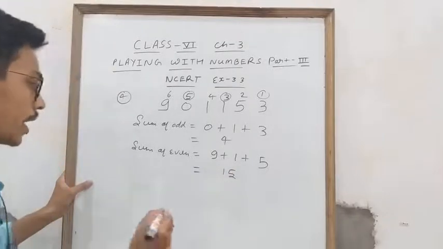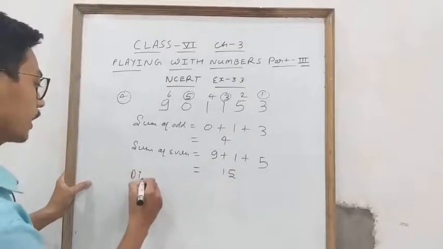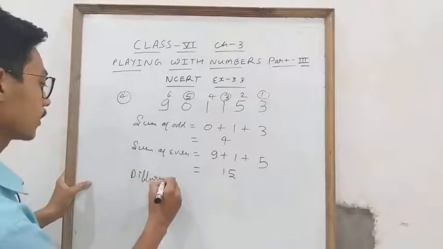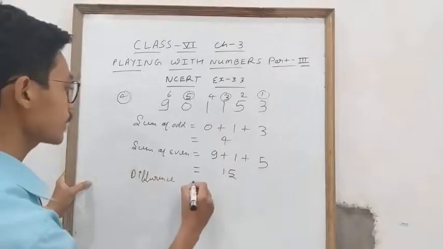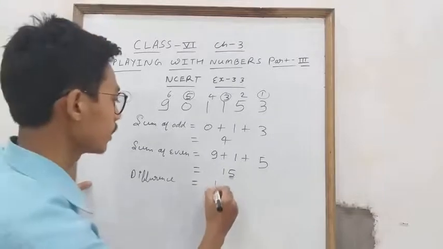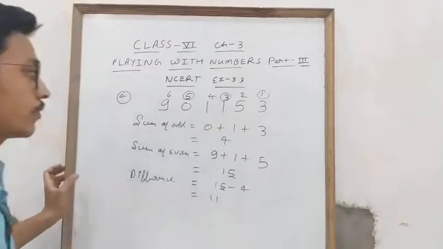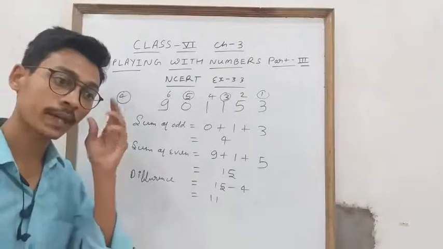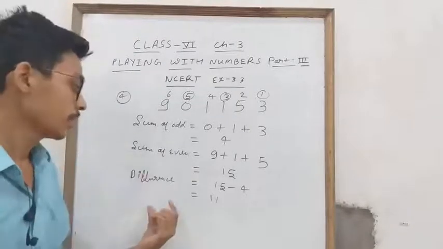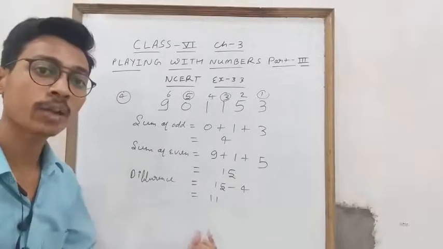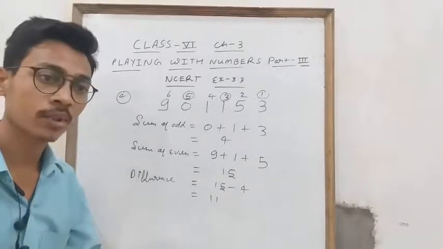Okay student. Now next you have to find the difference. Now the difference is equal to what student? 15 minus 4 is equal to 11. Now you know what is the definition of the test of divisibility by 11, student? If the difference is 0 or a multiple of 11. 11 is a multiple of 11, no? Because it comes in the table of 11.